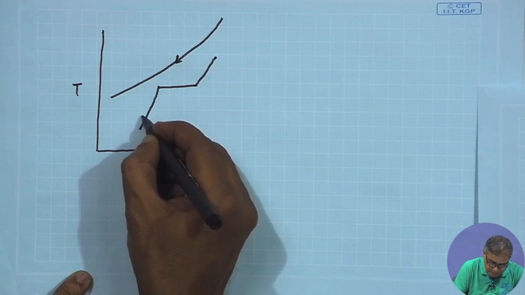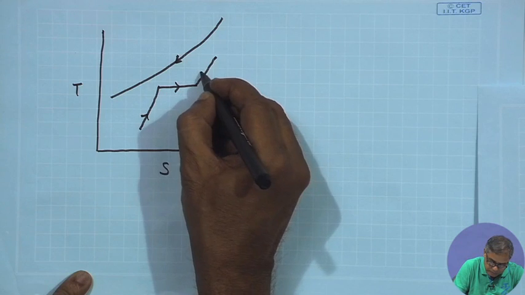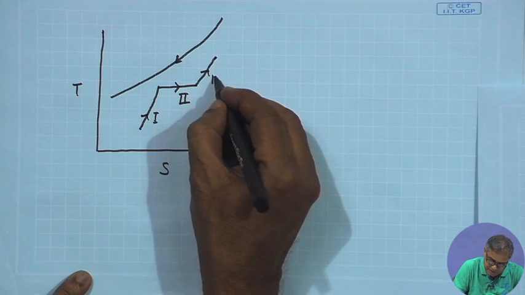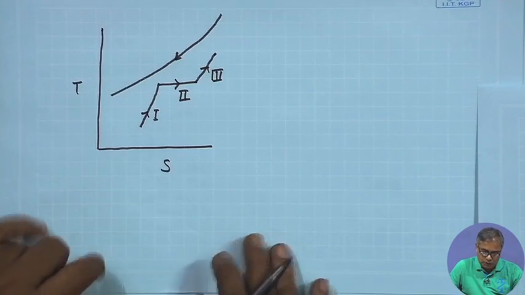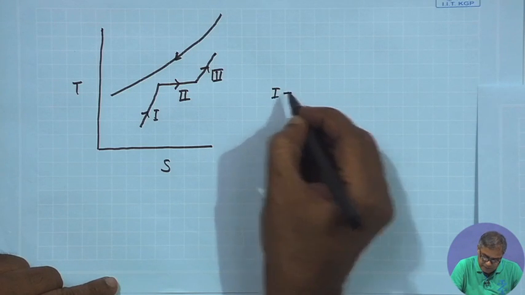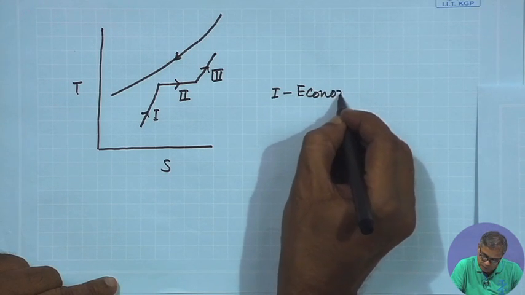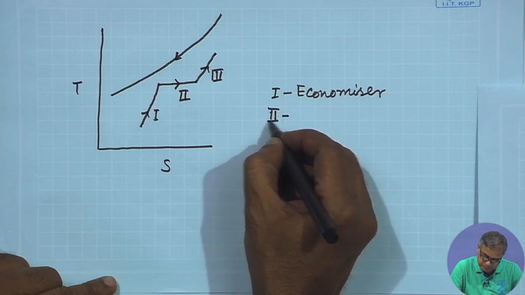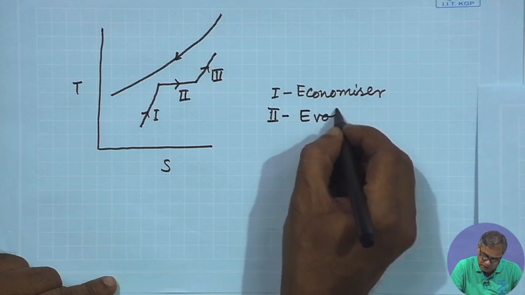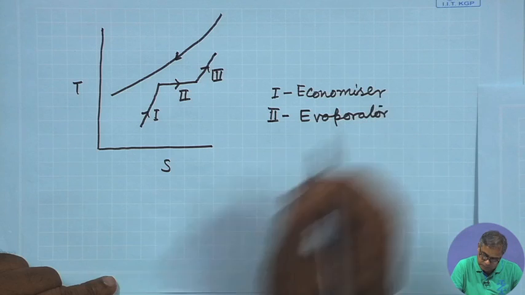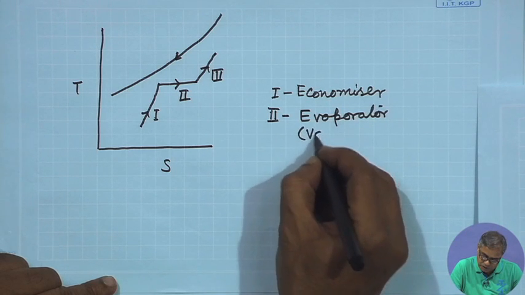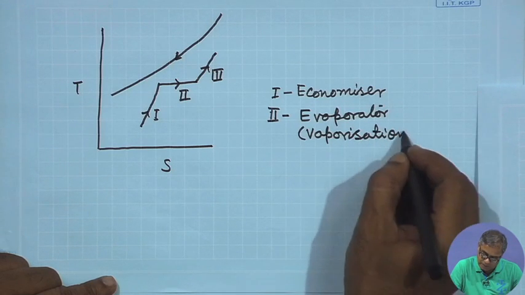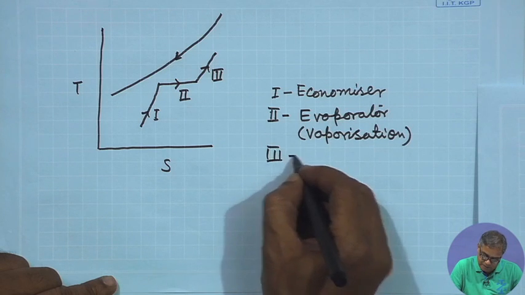So, here you see this is the first part, this is the second part and this is the third part. So, the first part is the economizer. This we can call the evaporator, where vaporization takes place, and the third part is your superheater.